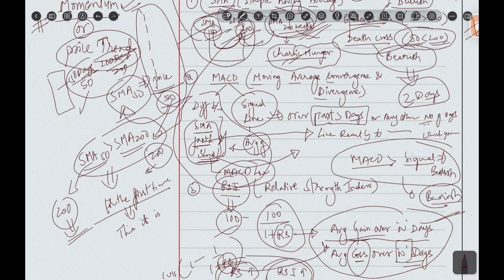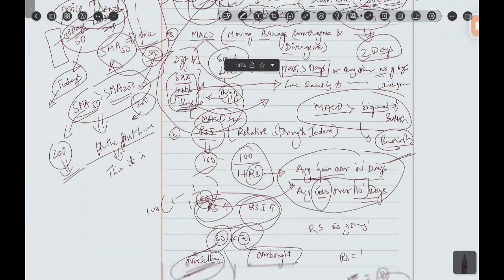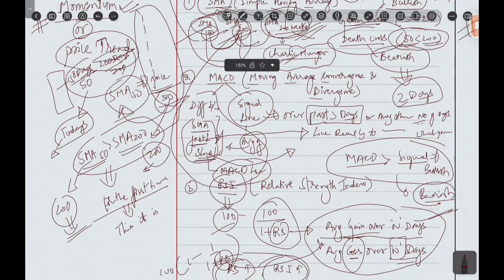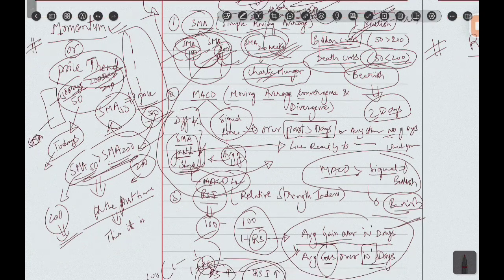If I consider today's price, that is the closing price, then if after 2 consecutive days SMA 50 is greater than SMA 200, then we call it the golden cross line. That means it is in a bullish stage.